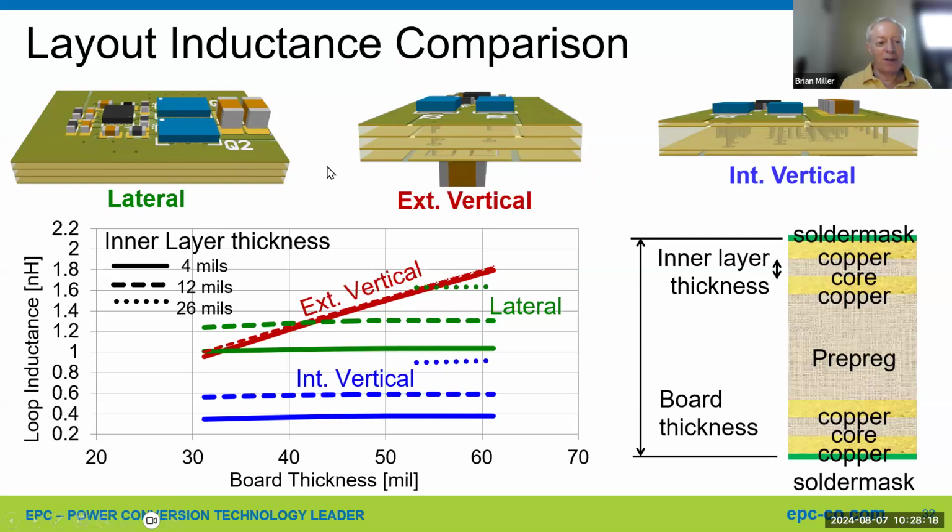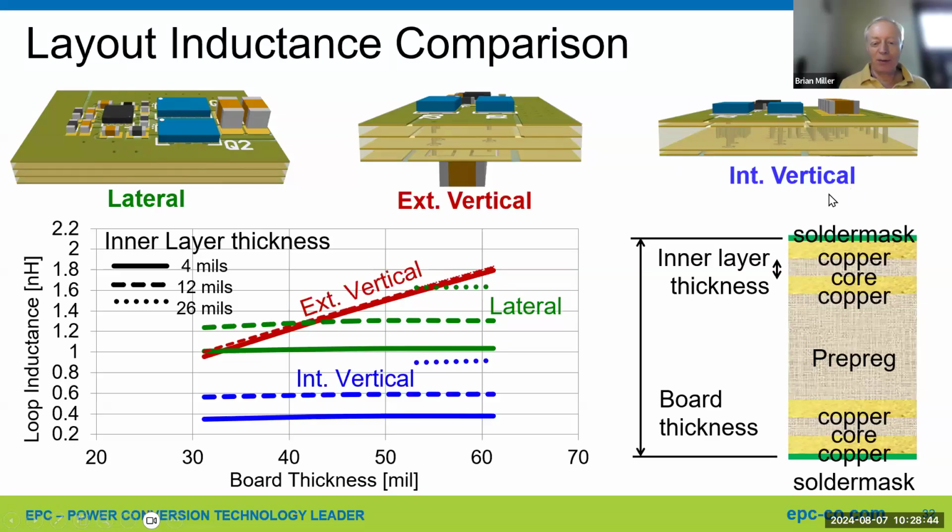So here's a plot showing what difference it makes. First, the lateral one where everything's on the top. That's the green. You can see the inductance is kind of high. And it really depends on some interlayer thickness. The external one, where it has the return at the bottom, really depends on the thickness of the board. You can see here, as the board thickness goes up, just how much this increases.